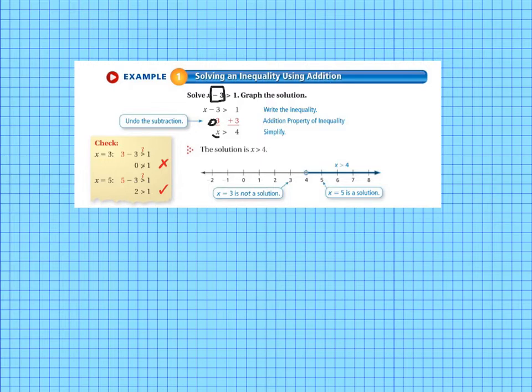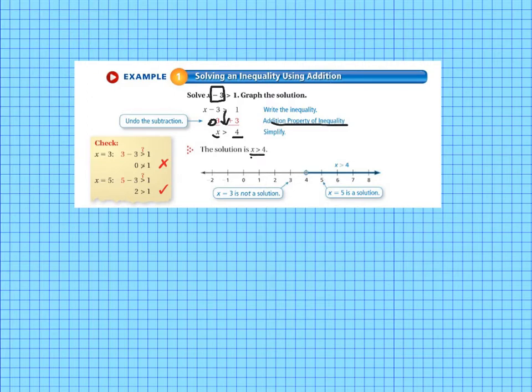And that leaves us with an x on the left. And then if we add 3 to one side, we have to add 3 to the other because of our addition property of inequality. So 3 plus 1 equals 4. So our solution, remember your sign stays the same, is x is greater than 4.